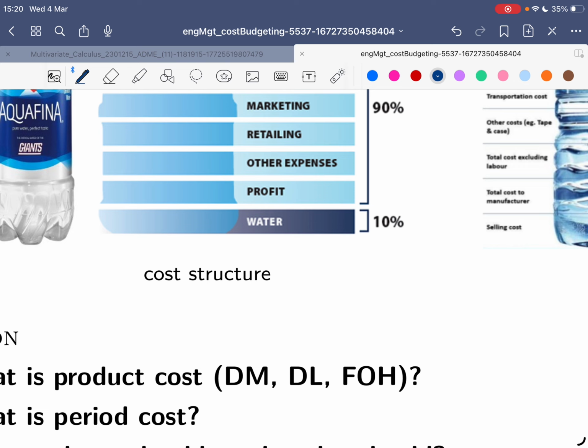Plastic. Plastic, meaning the bottle, right? What else? No, not material. That is material. The tap water. The caps, water, and label. Yes.